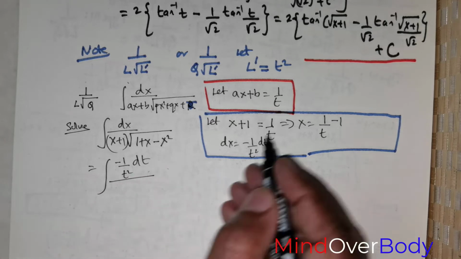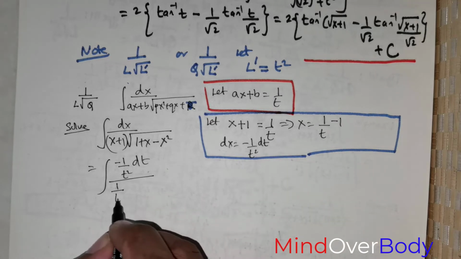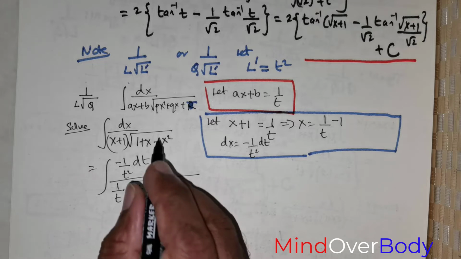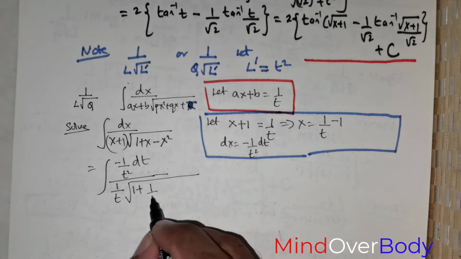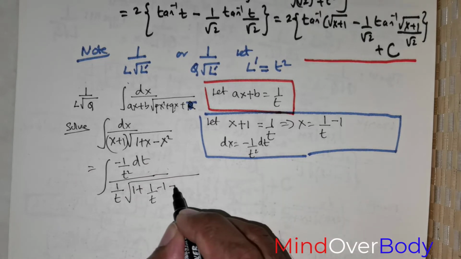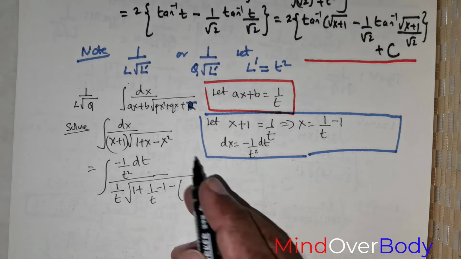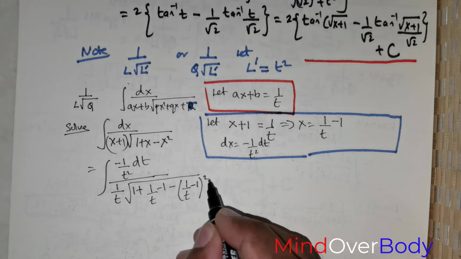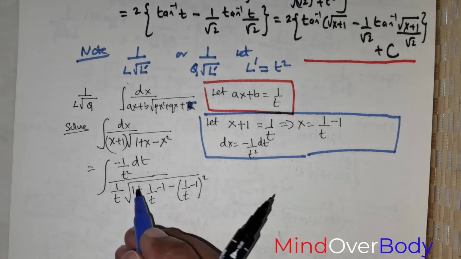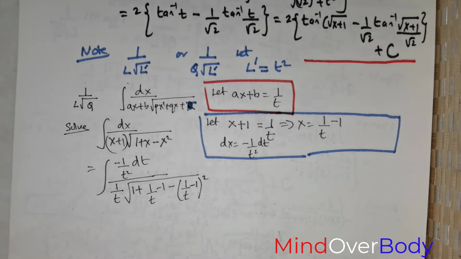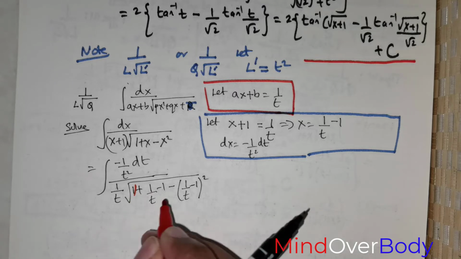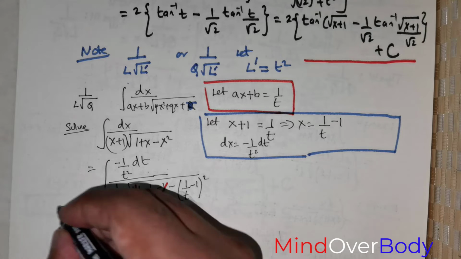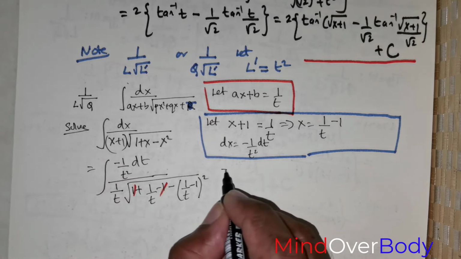In place of x + 1, we are going to have 1 over t, root of 1 + , in place of x we are going to have 1/t − 1, followed by a negative sign, in place of x is going to be (1/t − 1) raised to the power of 2. Now clearly the +1 and −1 can be cancelled. I can flip this t to the numerator.